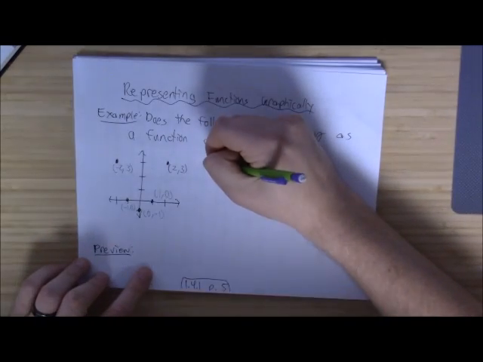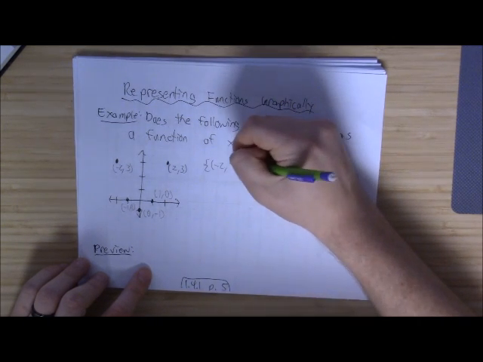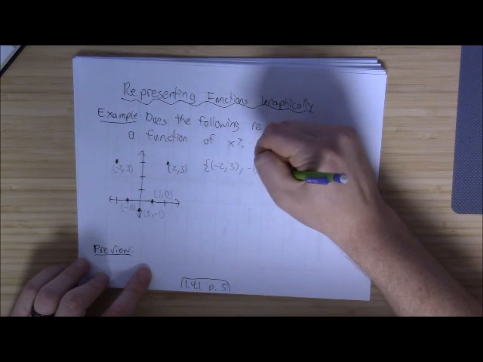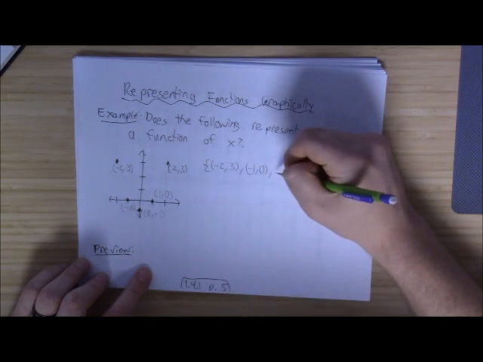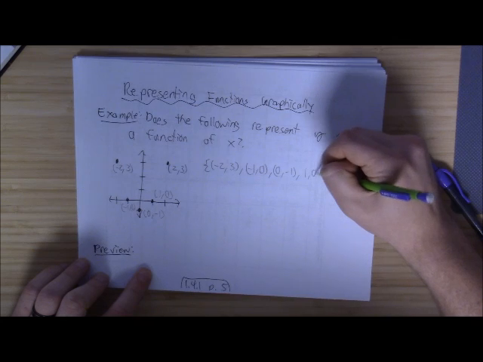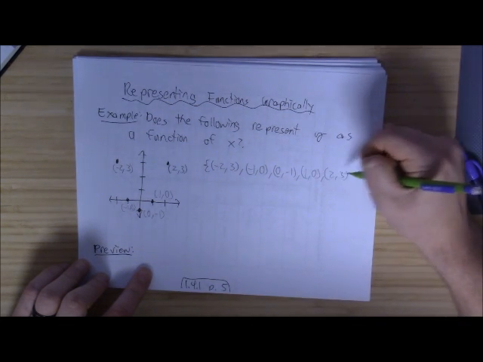Which means that we could write this as a list of ordered pairs, thinking sort of numerically about it. -2, 3, -1, 0, 0, -1, 1, 0, and 2, 3.